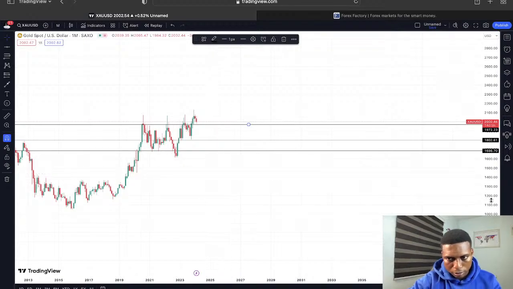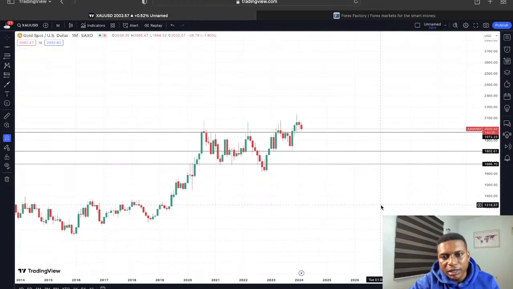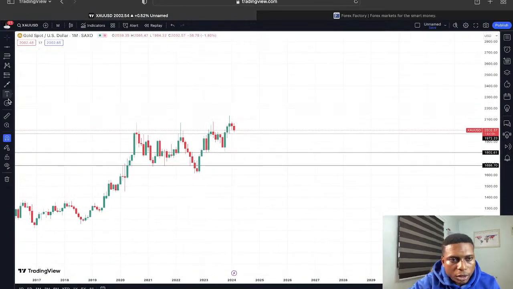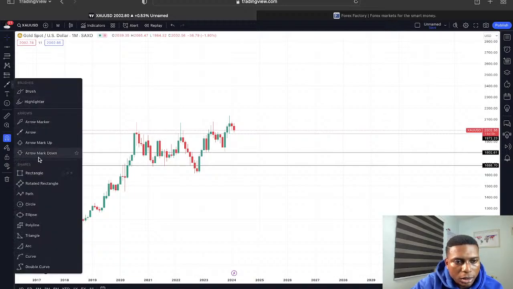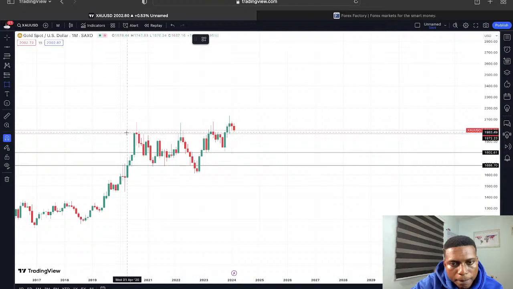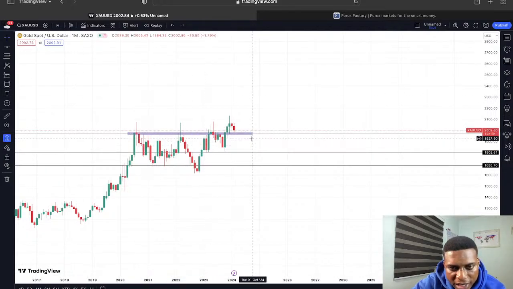Now, what makes these levels very, very significant? So these are key levels.